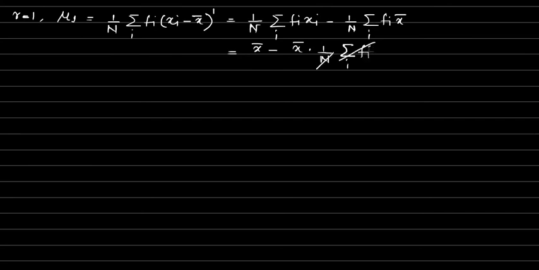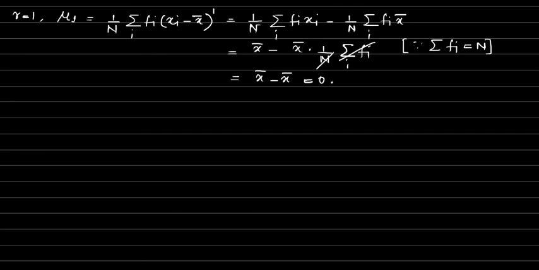This fi and this n cancel, since summation fi is nothing but capital N. So you get x bar minus x bar, that is equal to 0. So you can say that mu 1, the first moment about mean, is 0.